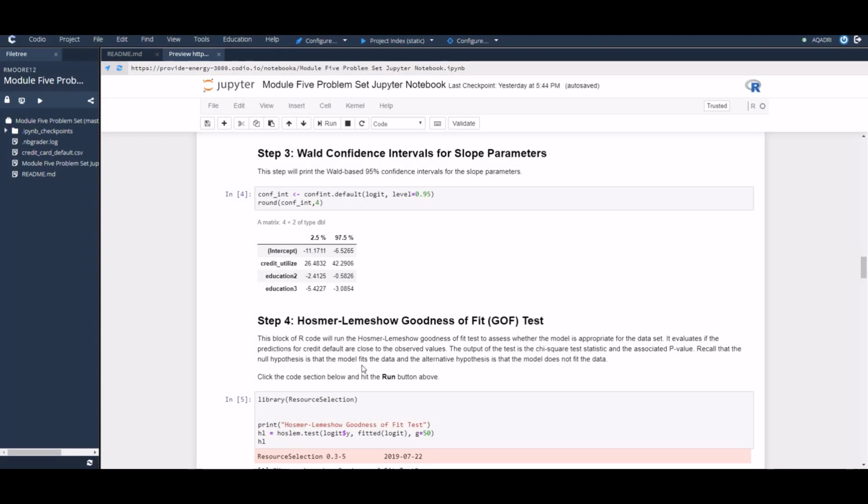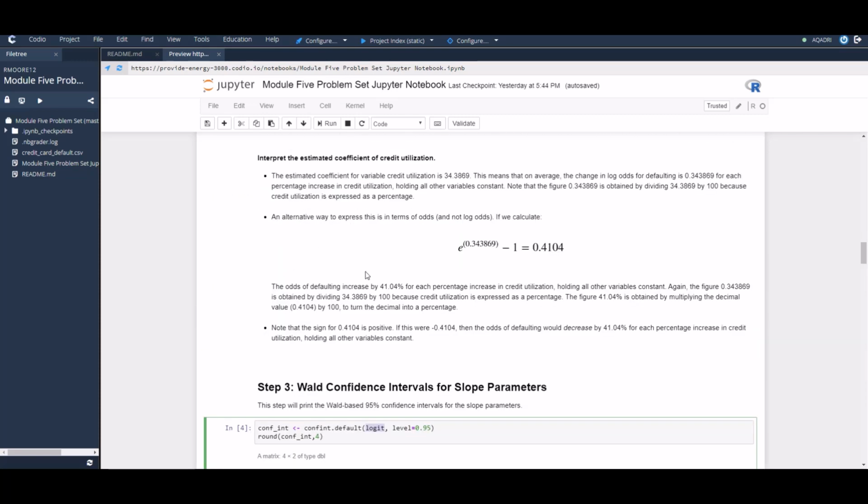So next, we can also calculate confidence intervals for the slope parameters. These are for the slope estimates for the predictor terms in logistic regression. And these can be calculated with confint.default with the level, whatever level you want to pick, 90% or 95%. And the input is the model that is saved in logit. This is from the previous step.